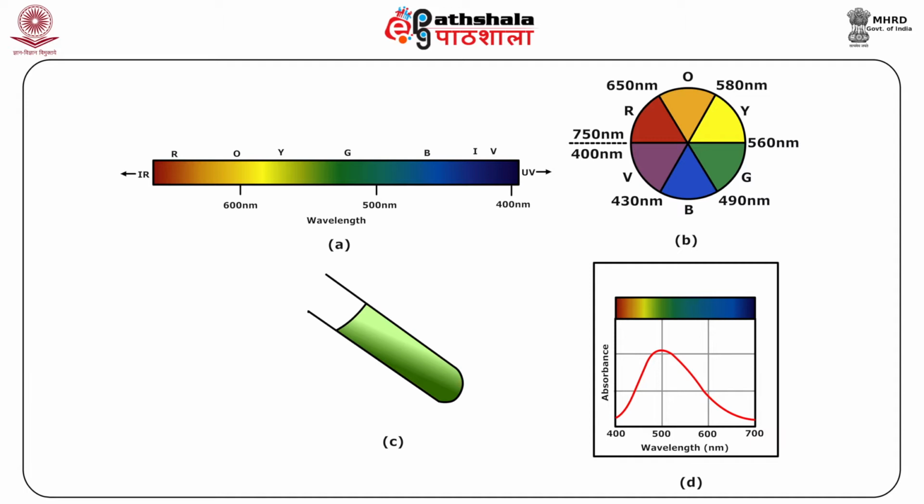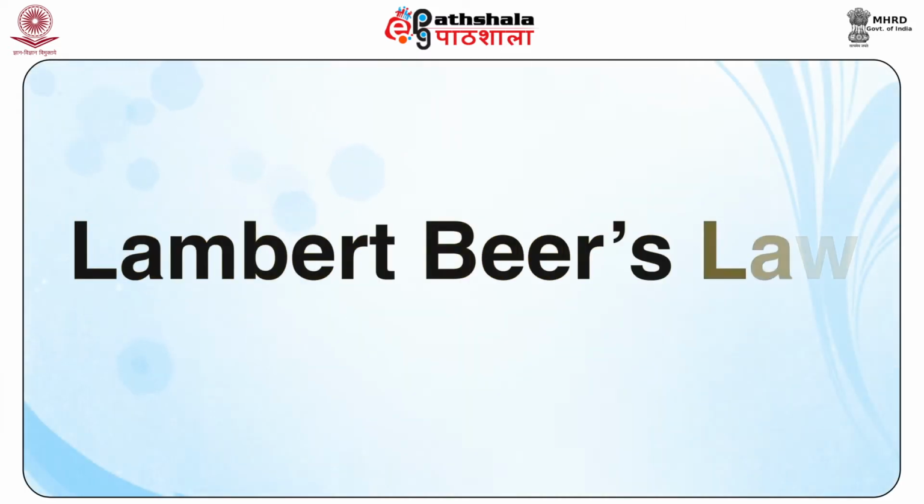This has been shown in the figure, which represents the electromagnetic spectrum along with the color wheel and the absorption spectra of the titanium complex, where wavelength has been represented in nanometers and absorbance has been represented on the y-axis. Next, we are going to discuss Lambert's Beer law.